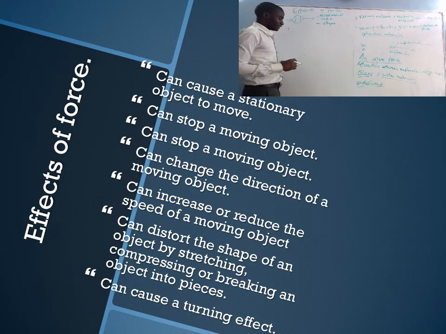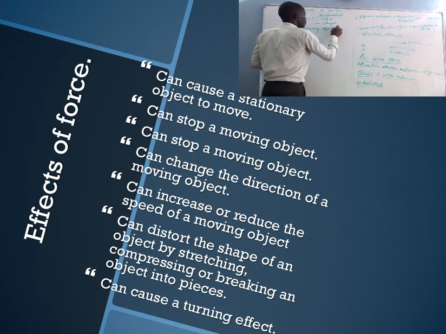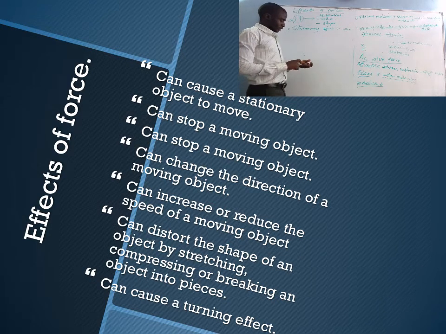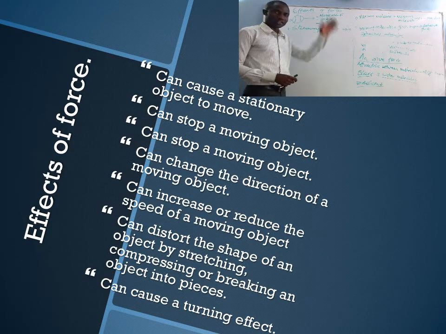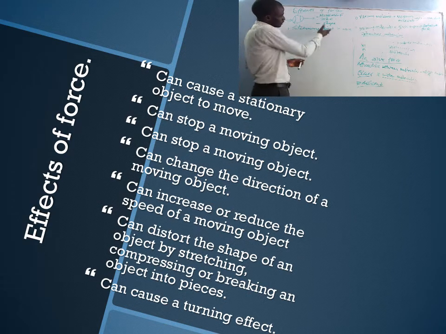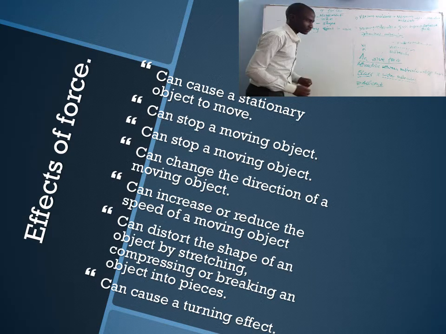Number one, it can cause a stationary object to move. If a stationary ball, for instance, is kicked, then it will start rolling or it will move. Another example is when you push a carton.